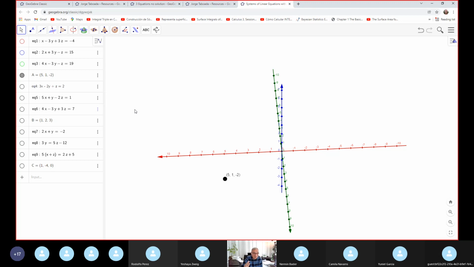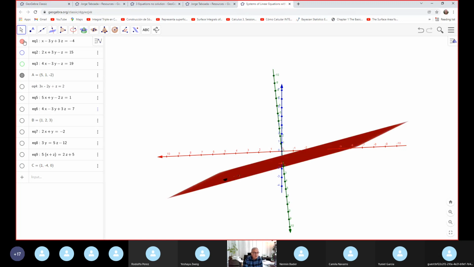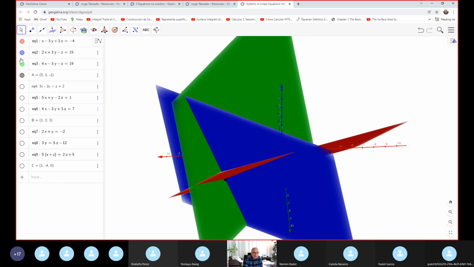We use it throughout the semester for more complicated things. Geogebra is the connection of algebra and geometry together. But Geogebra, the classic version.